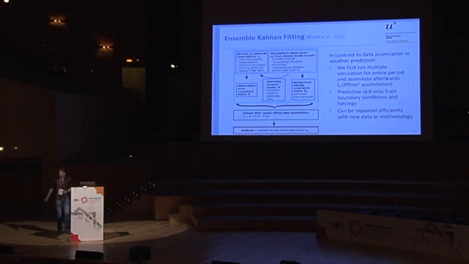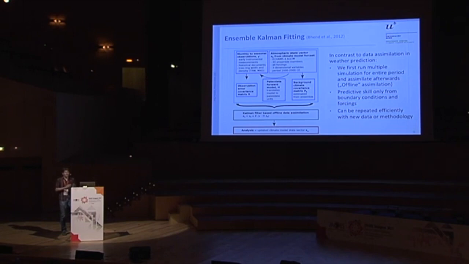And the way we are doing it is by a method that we call ensemble Kalman fitting instead of filtering, to make the meteorologists a little bit less mad at us. What we are doing is that we run an atmospheric model, ECHAM 5.4 in our case, for the last 400 years, and we ran 30 ensemble members with all forcings.